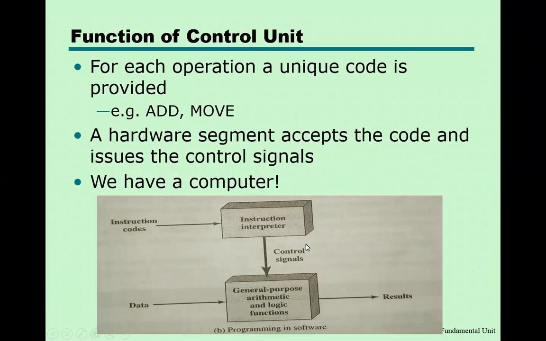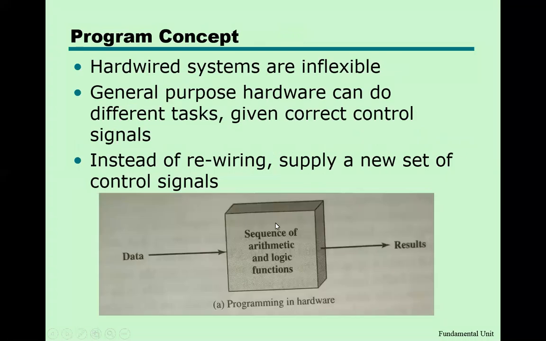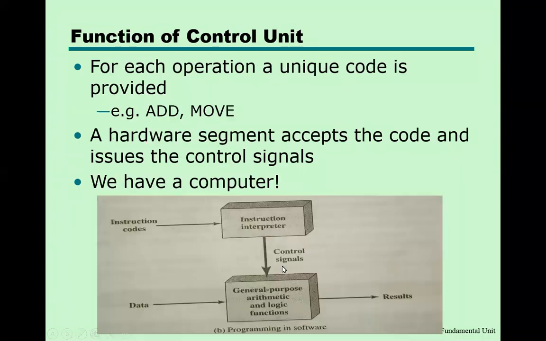Here you can add new functionality in the hardware, and for each instruction a new control signal will be generated. This is nothing but our computer, in which the programming is in software, whereas earlier the programming was in hardware. So this is the difference.